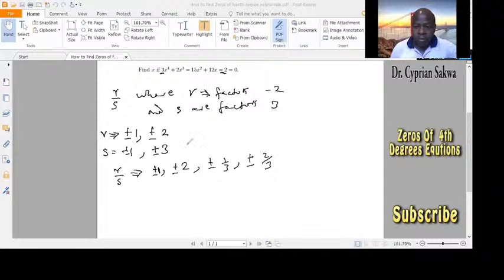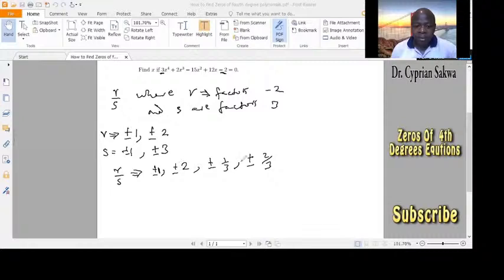So we use trial to find out which of these is a root. Just use trial. I'll begin with the easier ones, positive or negative 1, to see if any of them is a root to this equation. If I find that none of them is a root, I proceed to this and find out whether positive or negative 2 is a root.